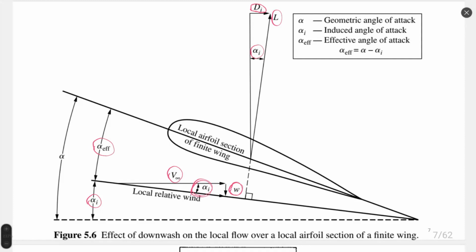Between the induced drag and the lift force, we have the same induced angle of attack as between the velocity and the downwash velocity. DI, induced drag, is an extra drag on the wing that characterizes the losses on the wing due to the presence of the wing tip vortex.